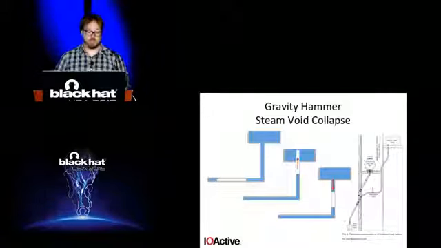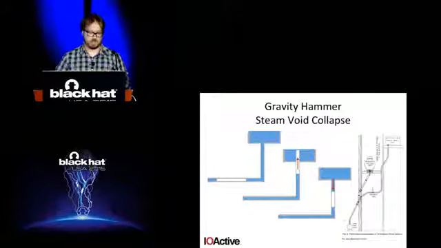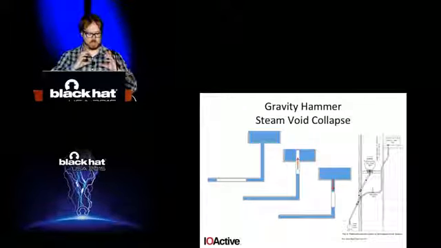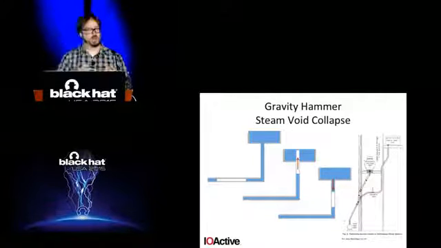So this is a gravity hammer, or a steam void collapse, and this actually happened a couple of times in a big coal plant. In this case, what you've got is a slug of steam inside of a liquid line, with cold water at the top and hot water at the bottom.